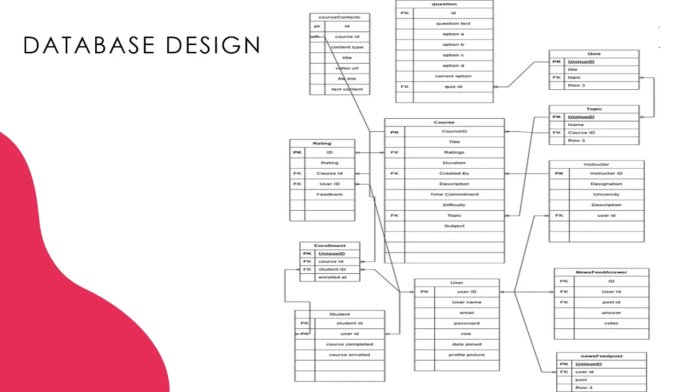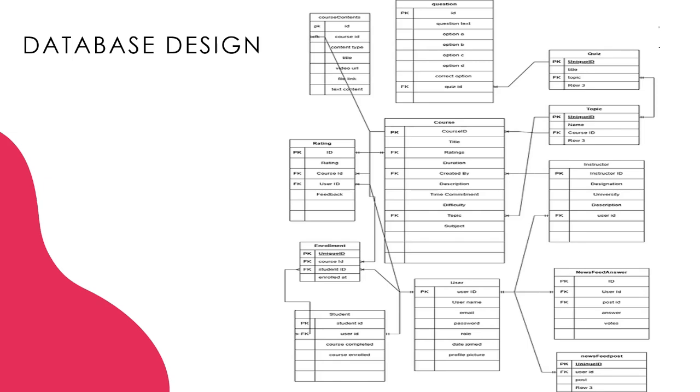Database design. We used PostgreSQL as our relational database to ensure data integrity and scalability. The architecture is designed around a normalized structure. At the core, we have the user model, which holds role-based data. Users can be students, instructors, or admins. Each course is linked to a topic, which can be video, links, or texts.